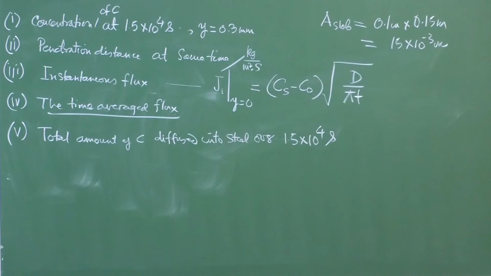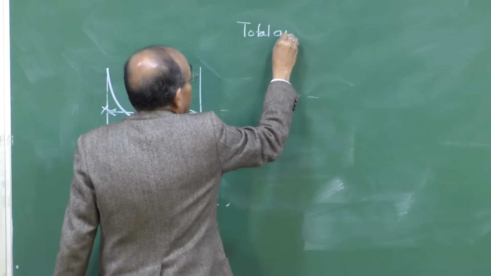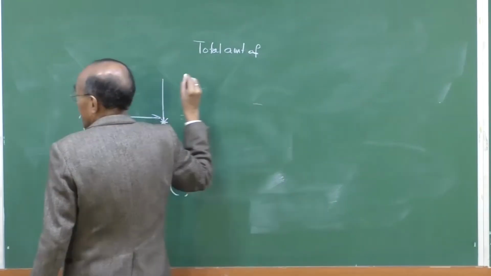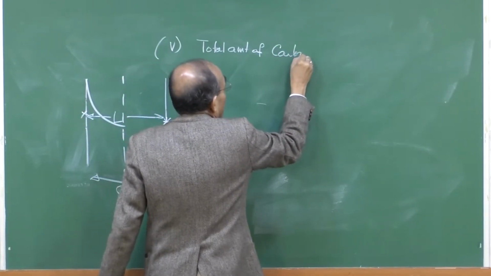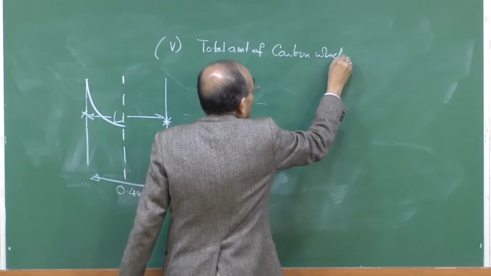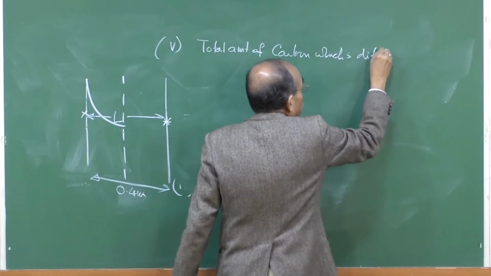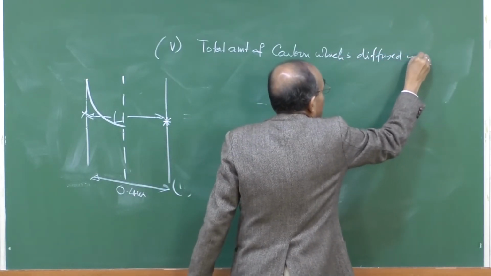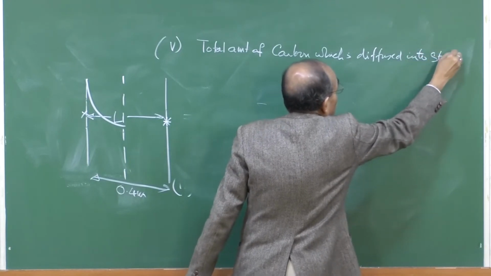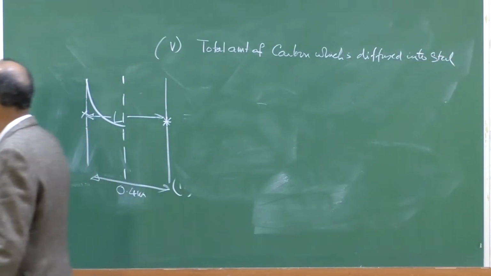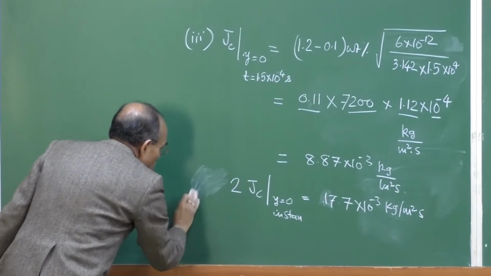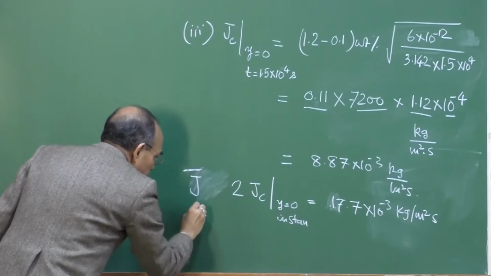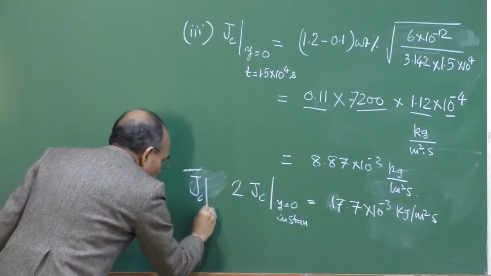So, the total rate of diffusion, the total amount of carbon, and that is part 5, the total amount of carbon which is diffused into steel is equal to. So, this term we can represent as J average, Jc at y is equal to 0.